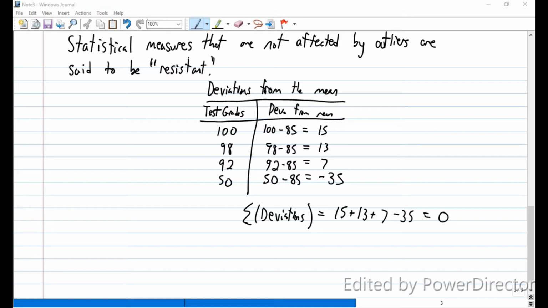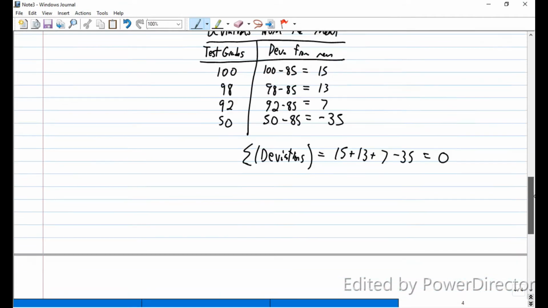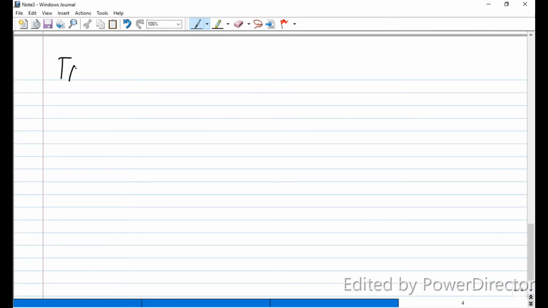Now we have something called a trimmed mean. If you look at the bottom of the second page of your PowerPoint, you'll see it says the trimmed mean is a modification of the arithmetic mean, which ignores an equal percentage of the highest and lowest data values in calculating the mean.